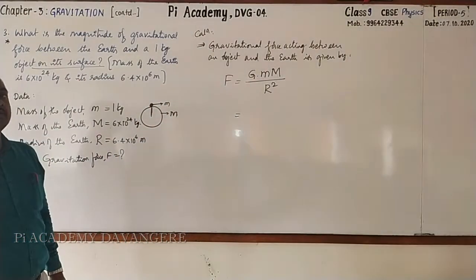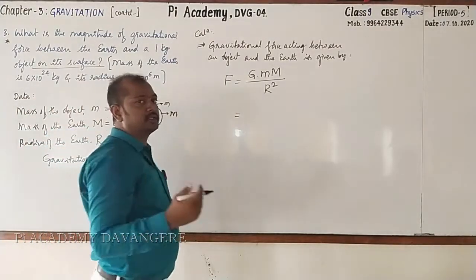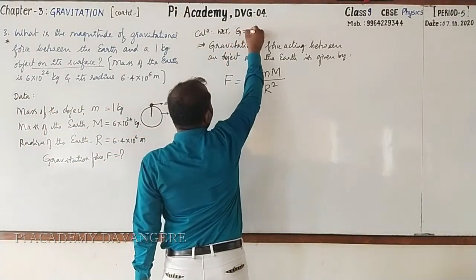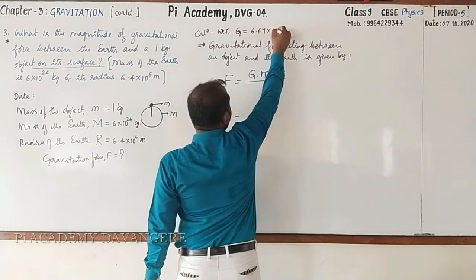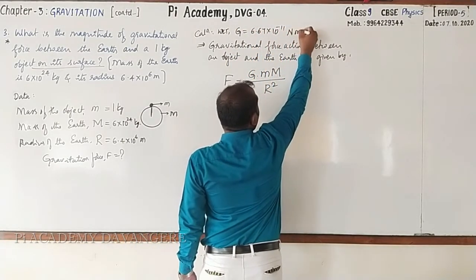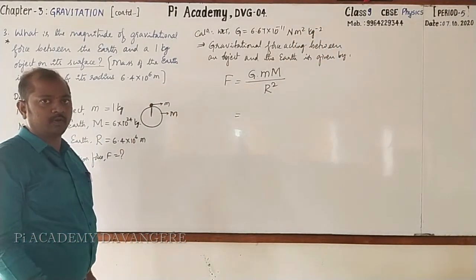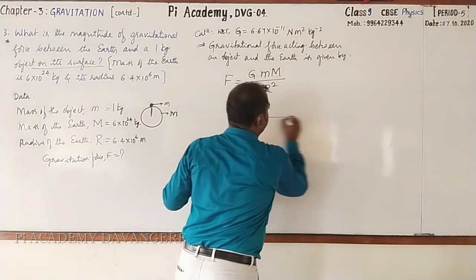Then here what does G indicate? It is the gravitational constant. We know that capital G is equal to 6.67 into 10 raised to the power minus 11 Newton meter square kg to the power minus 2. Followed? Substitute the same.